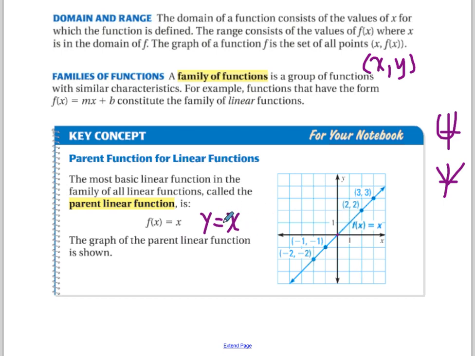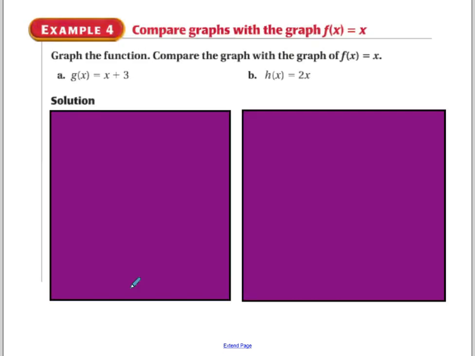And then my slope would be, because every variable has a 1 in front of it, 1 over 1, which is why we are just rising and running by 1. So that's what our parent linear function looks like.